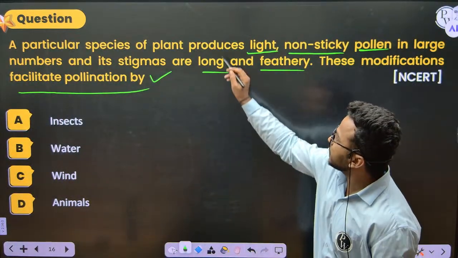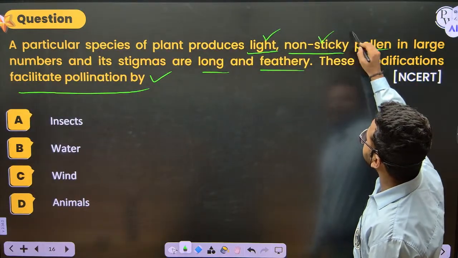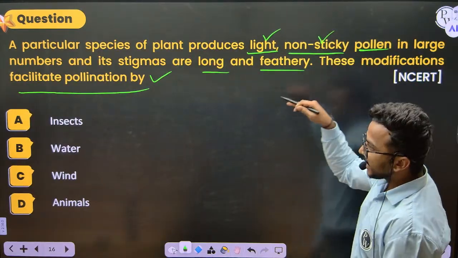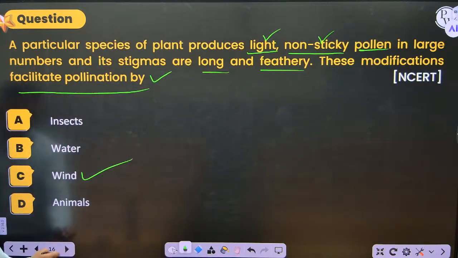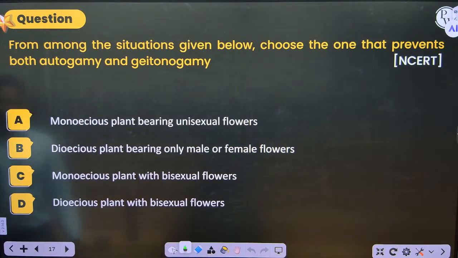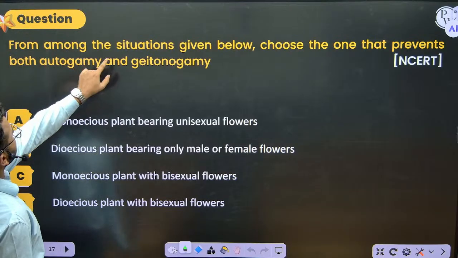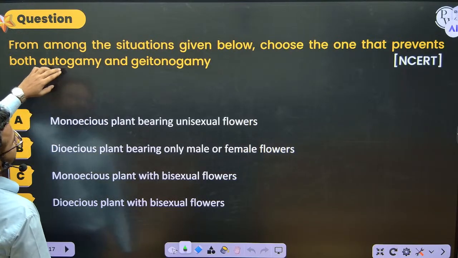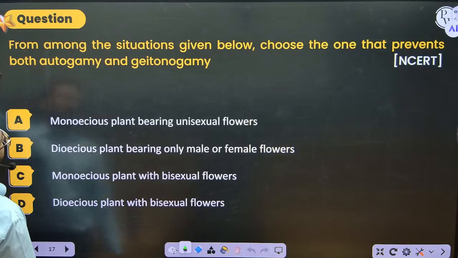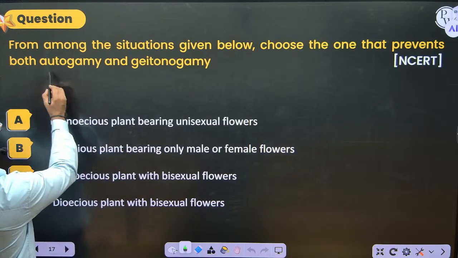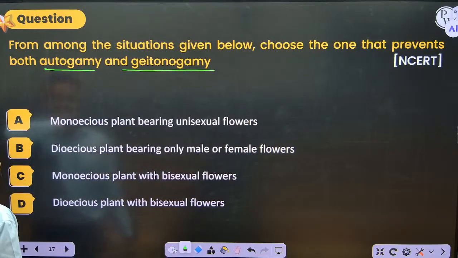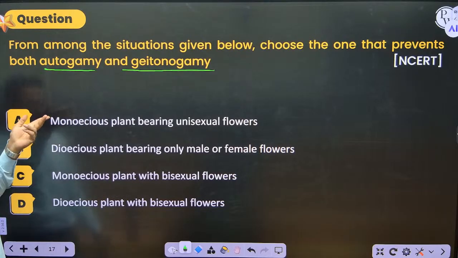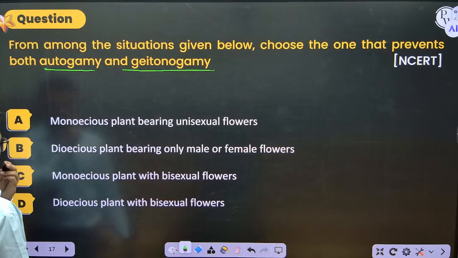Here lightweight, non-sticky means it can be carried easily by the wind. So this is a wind pollinated plant. From the situations given below, choose the one that prevents both autogamy and geitonogamy. It should prevent both autogamy and geitonogamy, which means it should follow cross pollination, that is xenogamy.